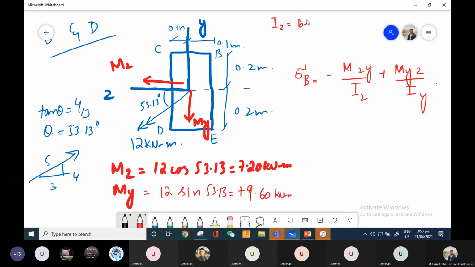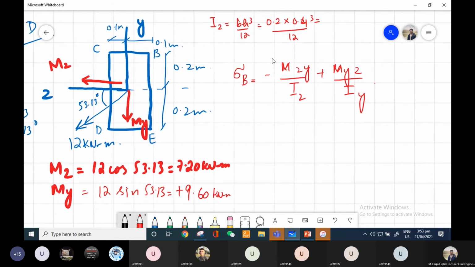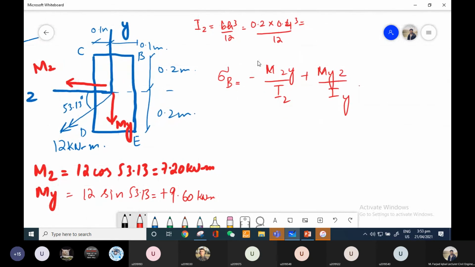That will be b h cube over 12, and width is 0.2, height is 0.2, so 0.2 times 0.4 cube divided by 12. So what is Iz? What will be the value of Iz?